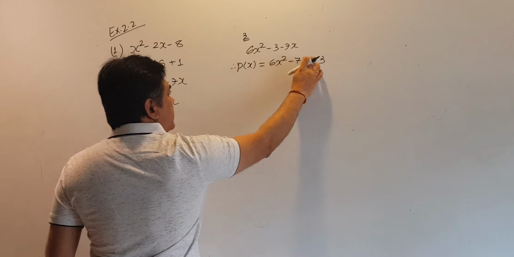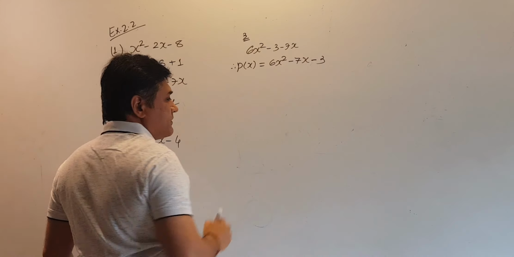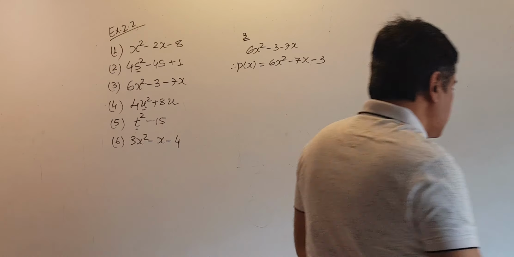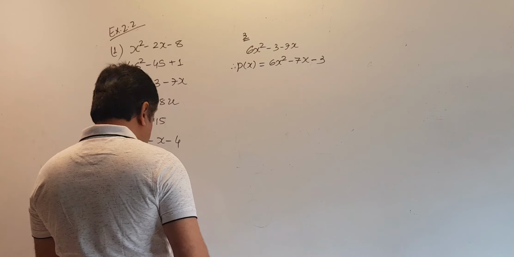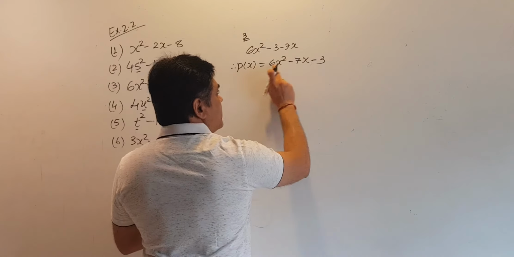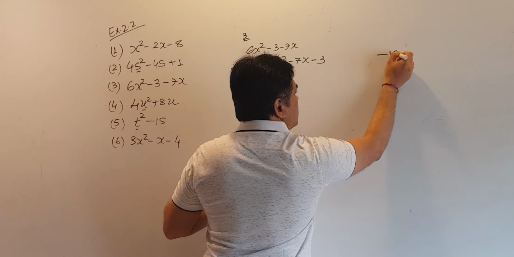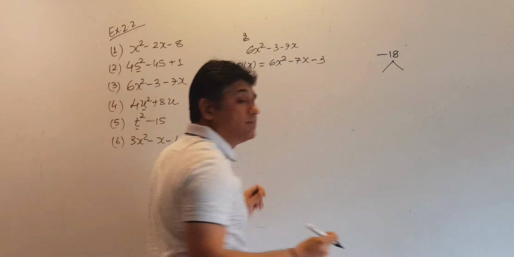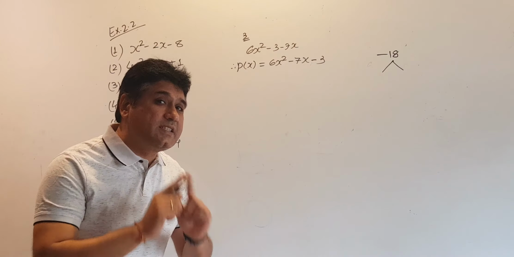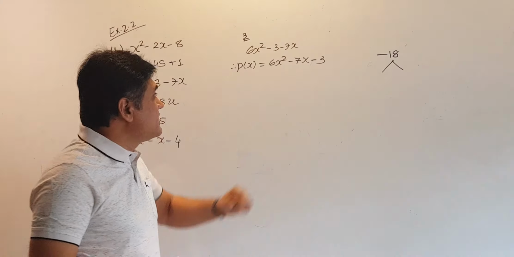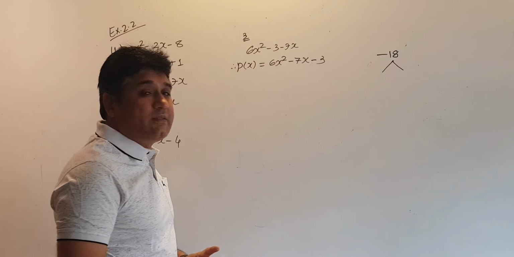Sorry, it is a minus 3, yeah. So friends, here you can see that minus 3 into 6 is minus 18's factor. Minus, so both factors will be subtracted, right? And the answer should be minus 7.